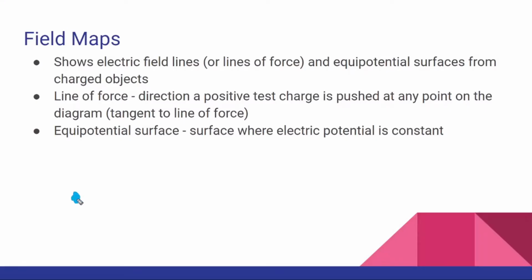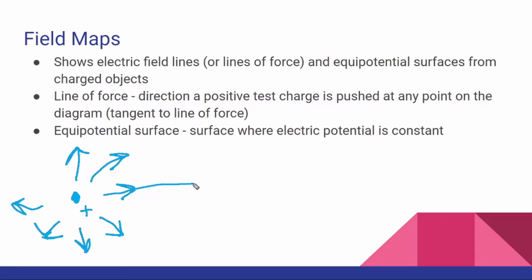Say we have a positive point charge here. If you have a positive test charge, the field lines would point out, away from this positive point charge, and as the arrows extend into infinity, there are points around it where the electric potential is constant.